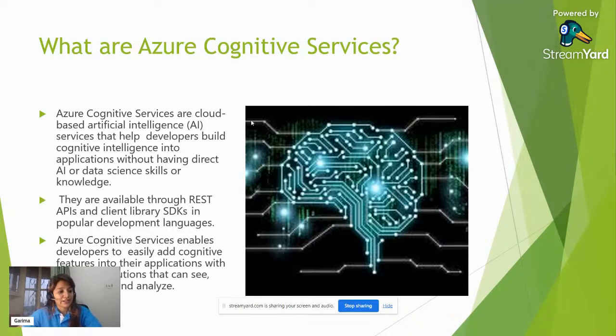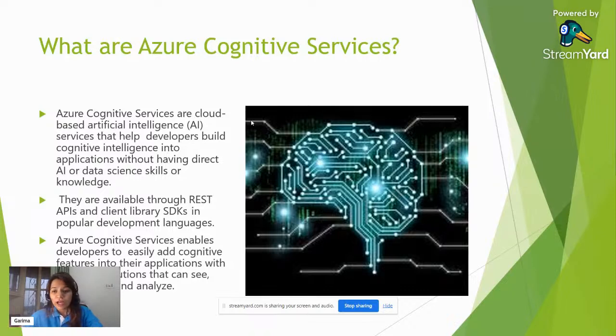So, what are cognitive services? Cognitive services are nothing but a set of APIs and toolkits that can be used to develop intelligent applications. Intelligent means that they can take their own decisions. Likewise, in the photo that we have seen in the last slide, it is able to identify the objects, like what the object is, what the feature is, whether it is a bus or a car.